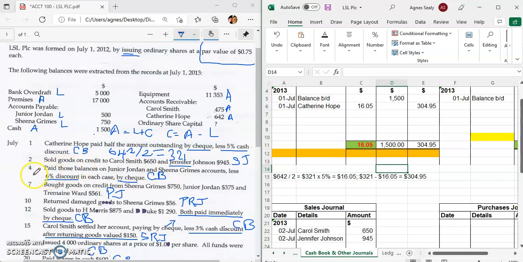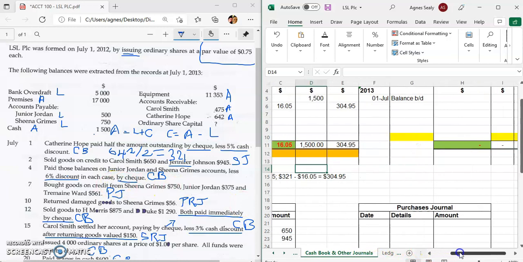So here on the 4th, it says pay those balances on Junior Jordan and Sheena Grimes account less a 6% discount in each case by check. So they're paying the $500 for Junior Jordan and the $750 for Sheena Grimes, and in each case a 6% discount is going to be deducted. So we're recording that in the cash book as well.